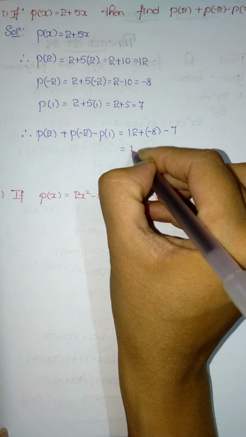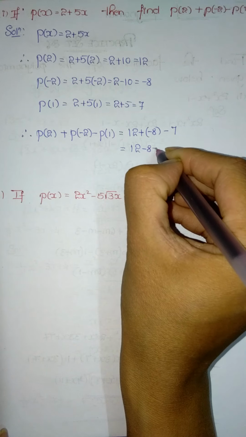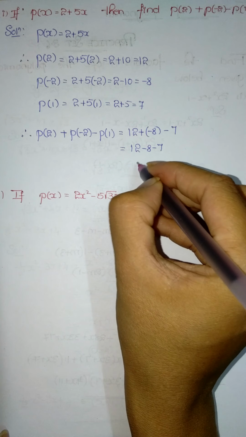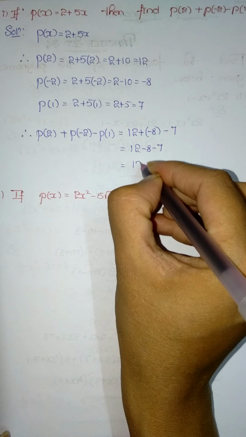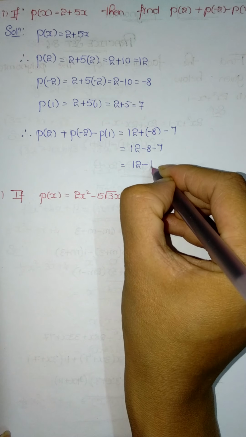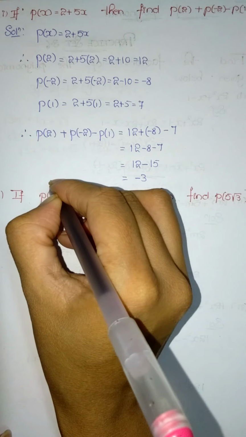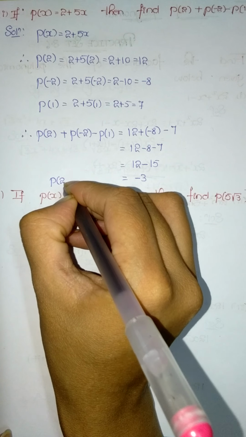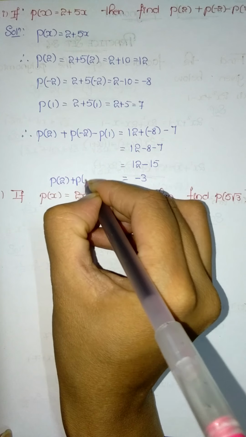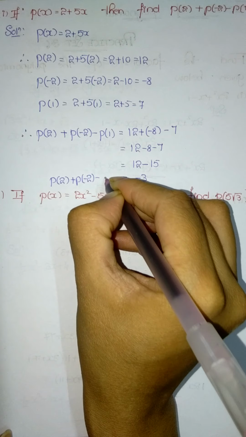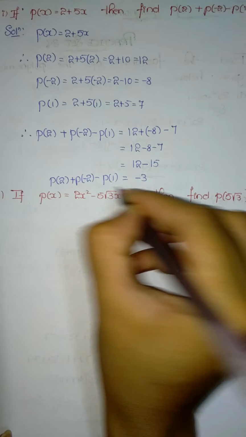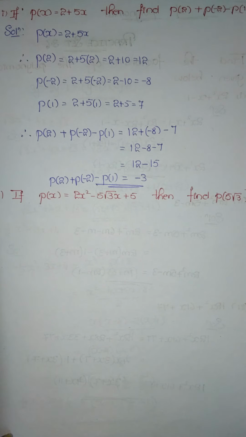So here 12 minus 8 minus 7, it is 12 minus 15, which is equal to minus 3. So p of 2 plus p of minus 2 minus p of 1 is equal to minus 3. So it completes question number 1 of 13. So next, question number 2.